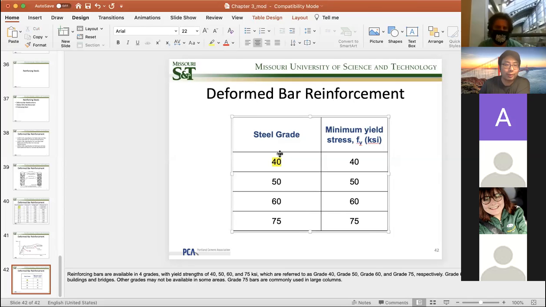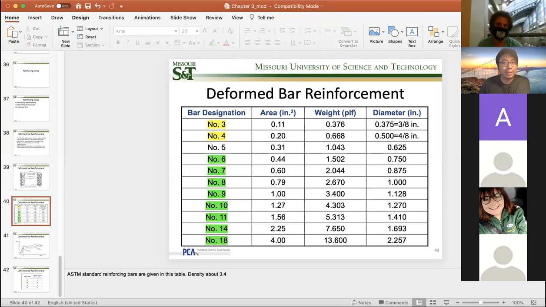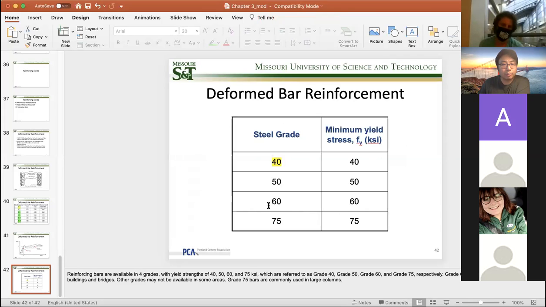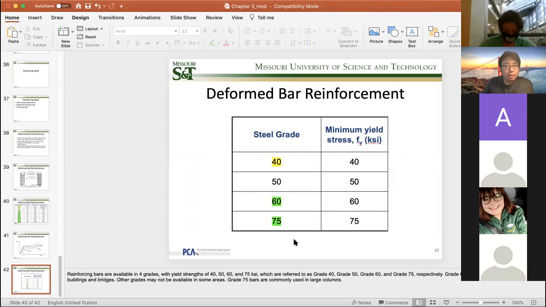If we use number 6 or number 8 and above as the main reinforcement of beams and columns, usually we use grade 60, sometimes grade 75. The yellow highlighted 40 is usually for stirrups, shear and hoops, and 60 and 75 are for main columns and buildings, main structures. So these are some subtle differences.